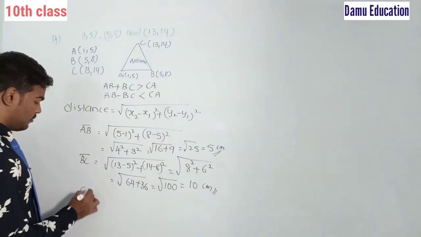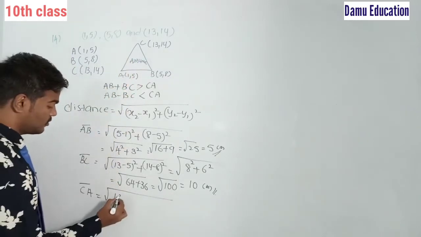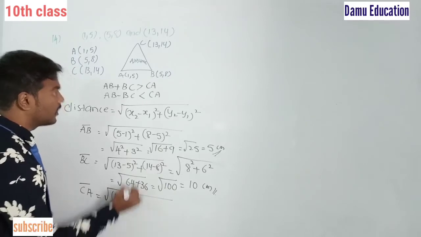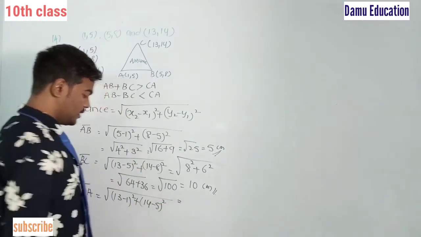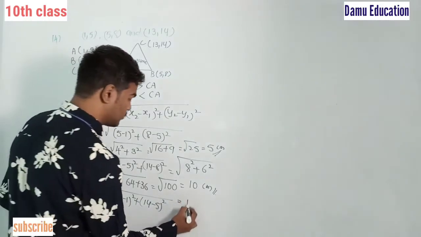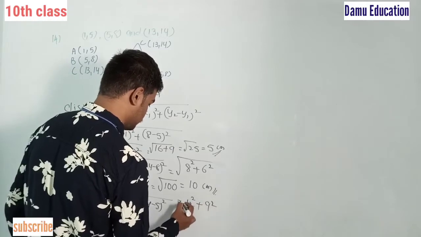Next one, CA, that is the square root of (13 minus 1) whole square plus (14 minus 5) whole square. 13 minus 1 is 12 square, plus 14 minus 5 is 9 square.